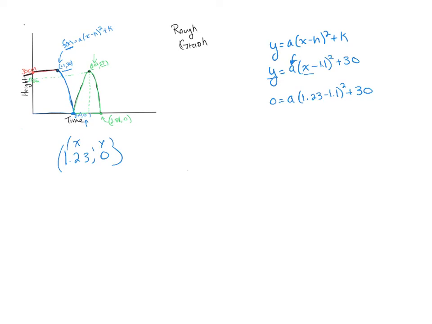That can be simplified to 0 is equal to a times, when I simplify this expression, 0.0169 plus 30. Take the 30 over to the other side, I get negative 30 is equal to 0.0169a. Divide both sides.